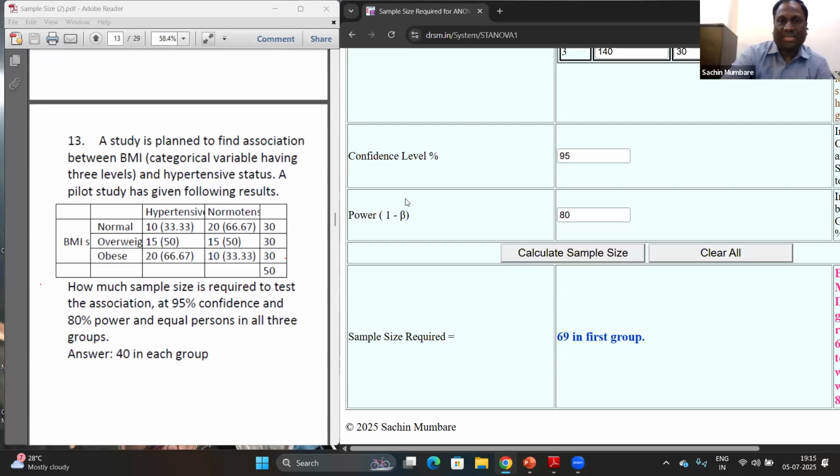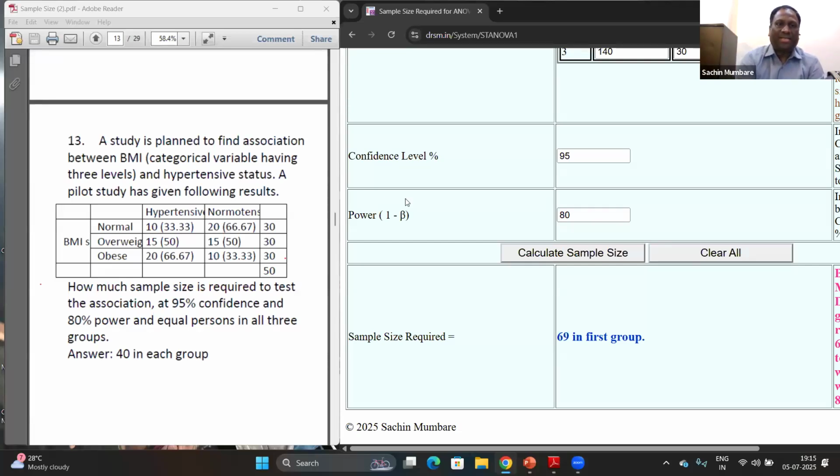Now, only few examples we'll see. In this example, a study is planned to find association between BMI having three categories. It's a categorical variable having three levels such as normal, overweight, and obese. And we want to find the association between BMI and hypertensive status.